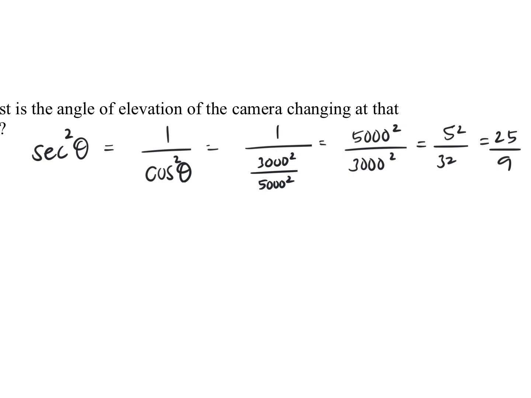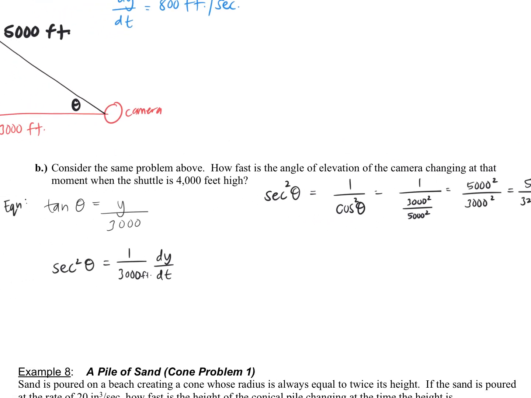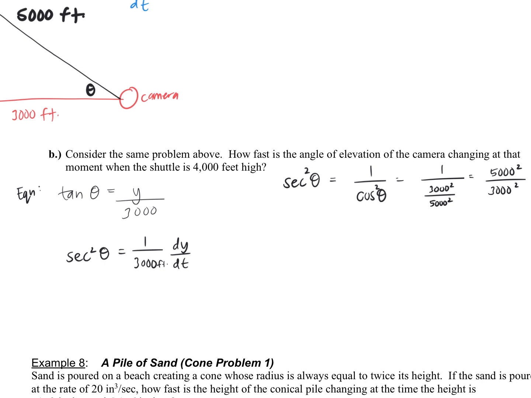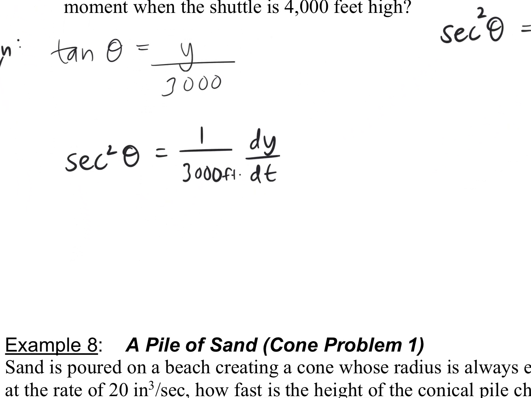Now I can come back to my equation here, and I'm going to plug in the stuff that I know. My secant squared of theta is 25 over 9. 25 divided by 9 is equal to 1 over 3,000 feet times dy/dt. My dy/dt was 800 feet per second.